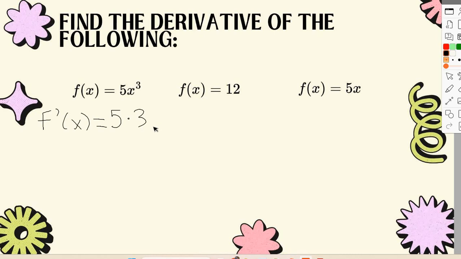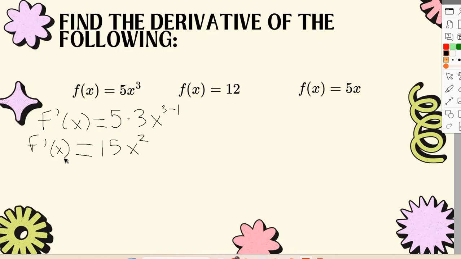Then I have my x, and then I'm going to subtract 1 from my exponent. So 5 times 3 gives us 15. And the 3 minus 1 gives us 2. So our derivative would be 15x squared. Yay, we're done. That's it.